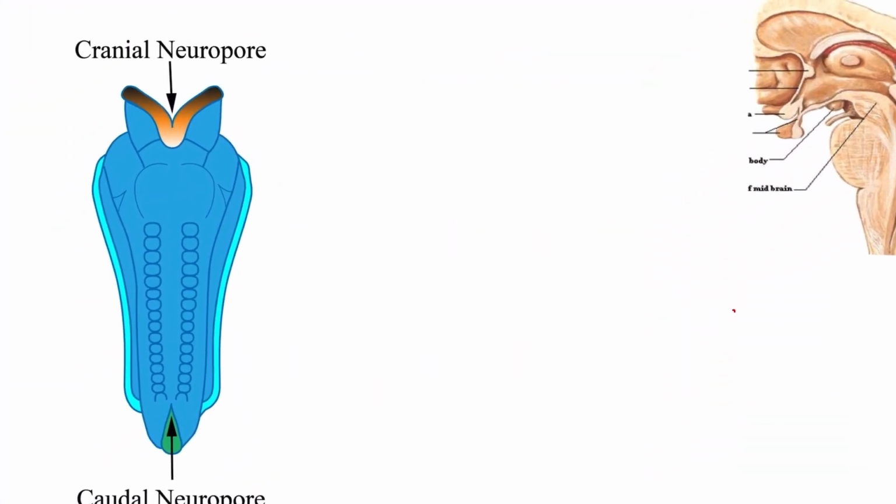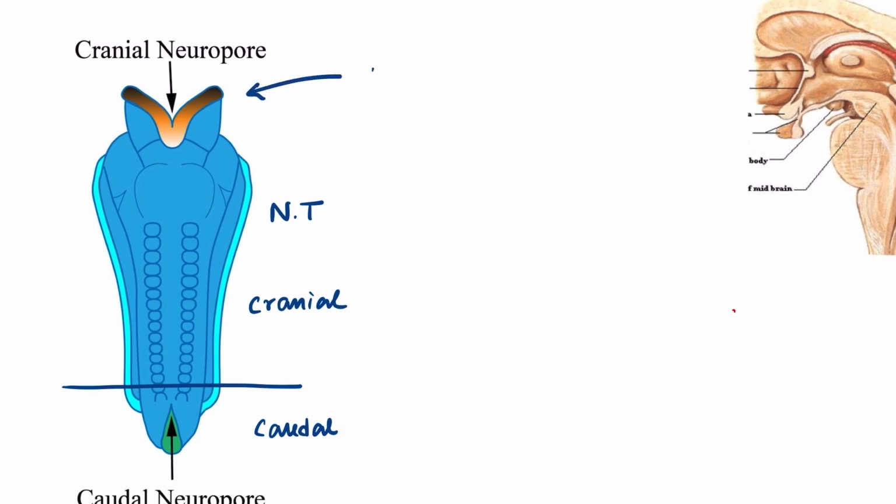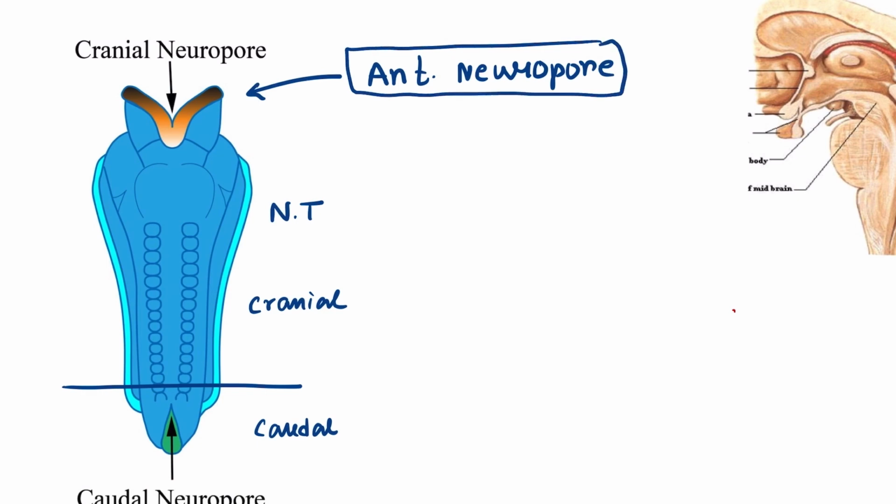So this is another picture of the neural tube. This is the cranial part of the neural tube, and this is the caudal part of your neural tube. This is called the anterior neuropore, and this is termed the posterior neuropore.